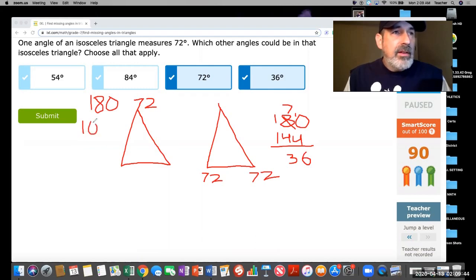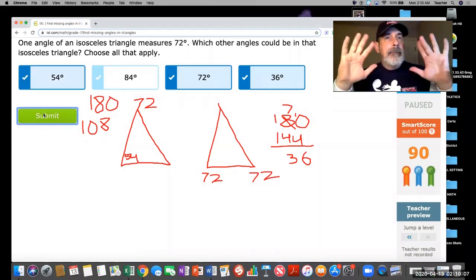It's going to be 108 degrees left. Well, if I divide that in half, that will give me, woohoo, check that out, 54. All right, and there it is, right here. So there were 3 actual choices here.